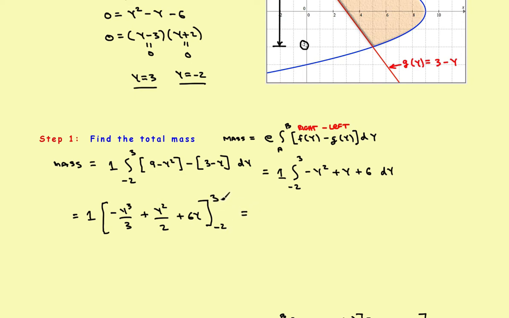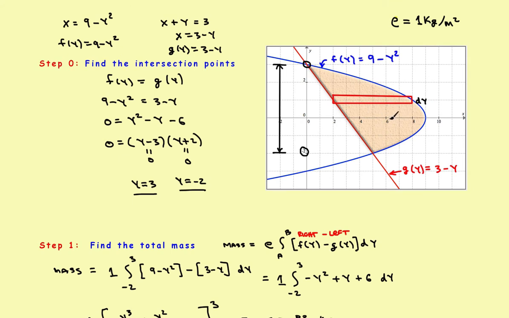At this point, I'm going to let you plug in the 3, then plug in the negative 2, and do the subtraction. When you run through all this, you'll get 20.83, and this is going to be kilograms. So 20.83 kilograms is the mass of this flat plate right here. The whole thing weighs 20.83.